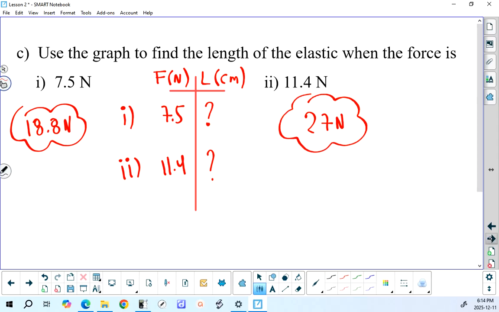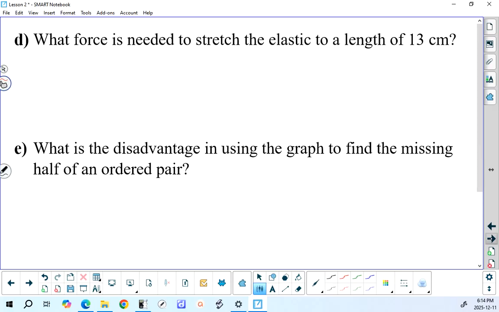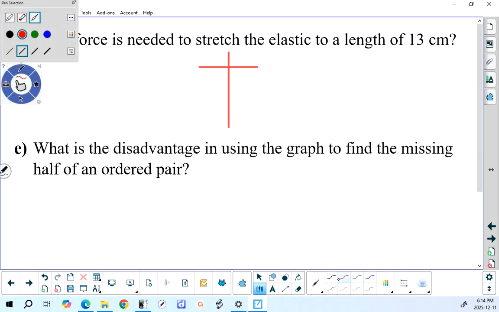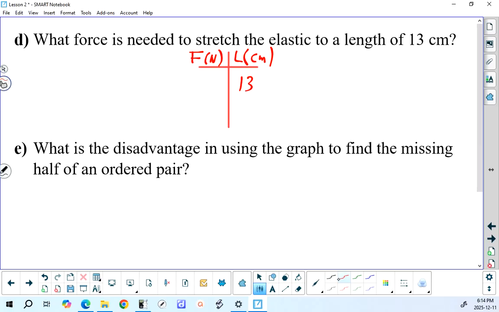Let's take a look at D. What force is needed to stretch the elastic to 13 centimeters? Well, again, it's a case where we have force, which is measured in newtons, and length, which is measured in centimeters, and we know one of these values, in this case it's 13 centimeters, and we are asked to find that.